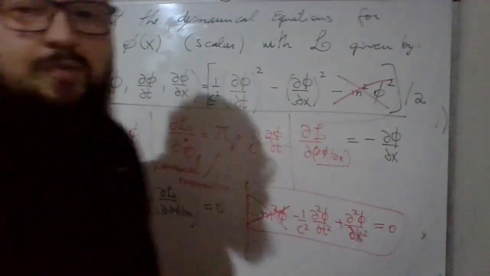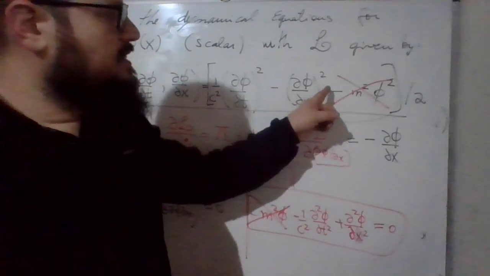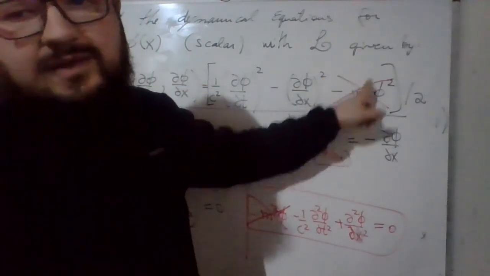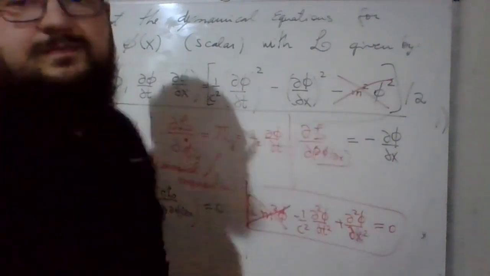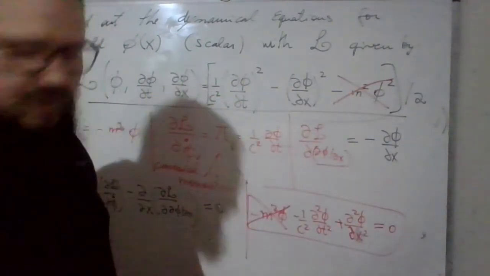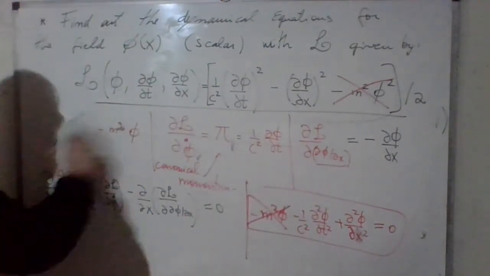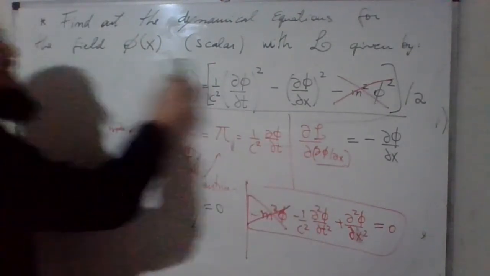If you have more dimensions, what you need to include is minus d phi dy squared minus d phi dz squared, which is usually written the following way.